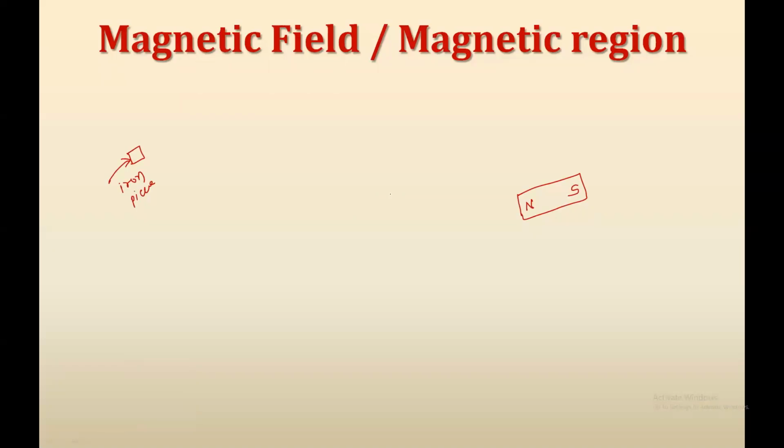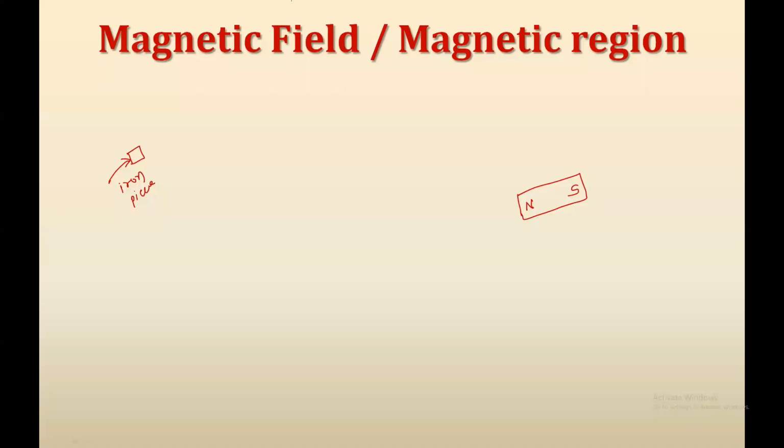If this iron piece is kept far away from that particular magnet, does a force exist on that iron piece? Yes or no? Because it is far away, the force will not exist much.